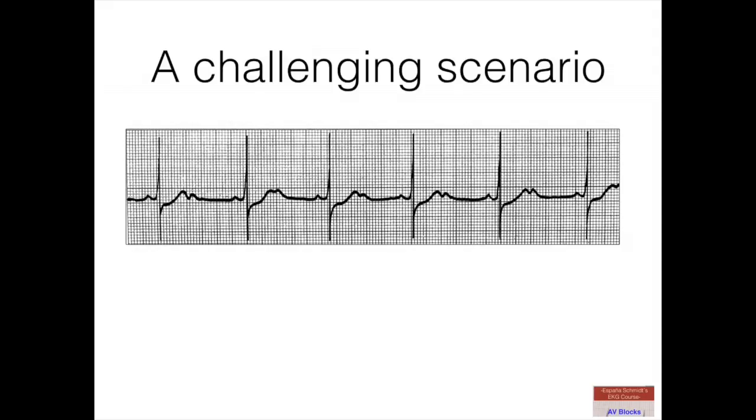Now we have here a challenging scenario. Here we have a P before a QRS and then a P that drops the beat. And that happens again and again. So we call this a block 2:1. This is a second degree block 2:1, and it's because the cycle has 2 P's for every QRS.